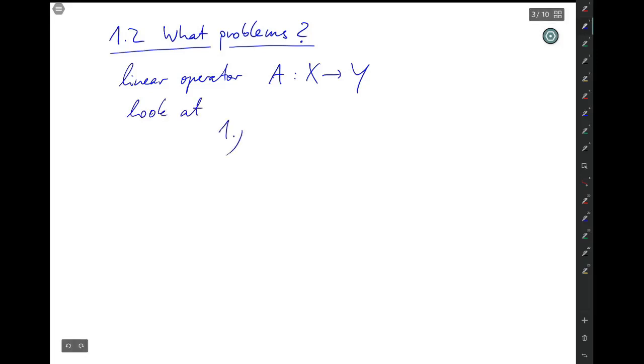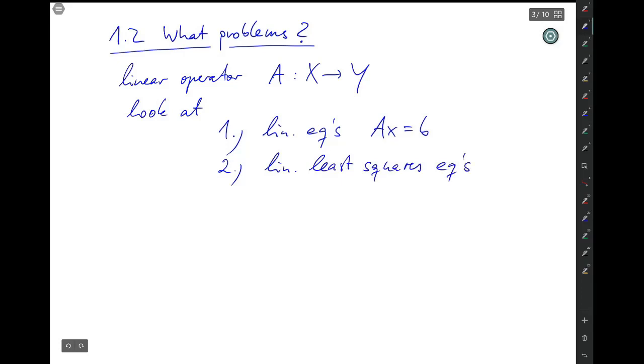One of them is just linear equations, Ax equals b, as you usually call them in your linear algebra course. Second kind of problems is linear least squares equations. In German you sometimes say Ausgleichsprobleme, and you would abbreviate this as Ax ≈ b.